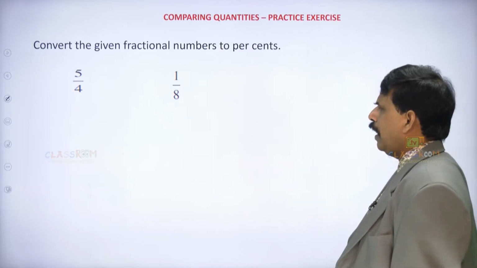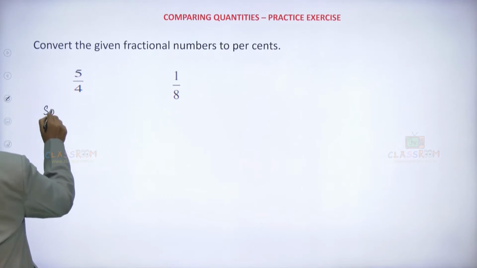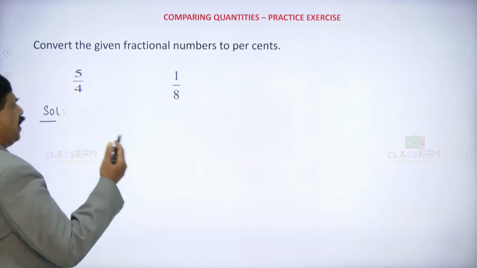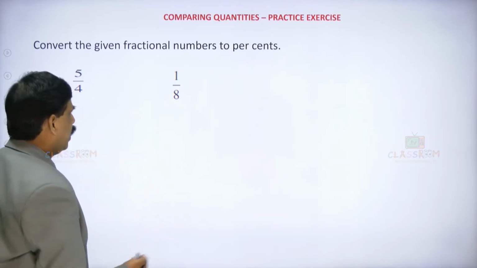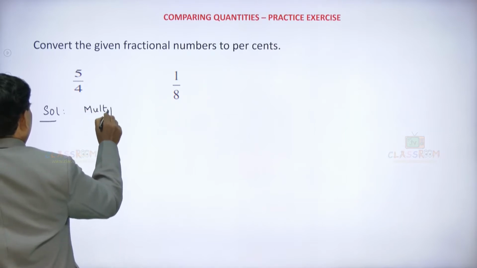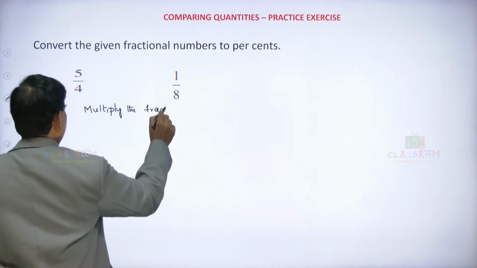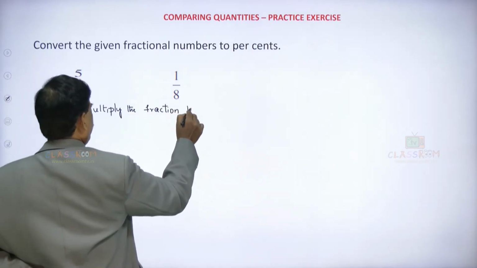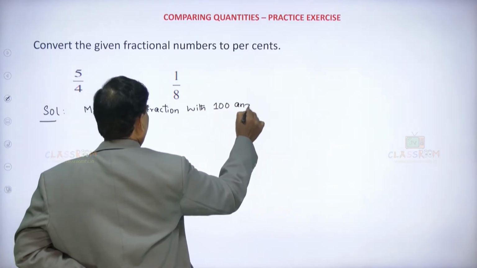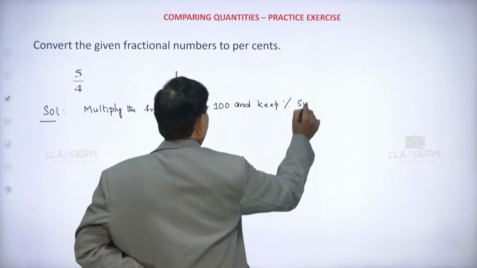So we need to convert these fractional numbers into percents. Actually, we know, children, to convert the given fractional number into percentage, what we have to do: multiply the fraction with 100 and keep the percentage symbol.